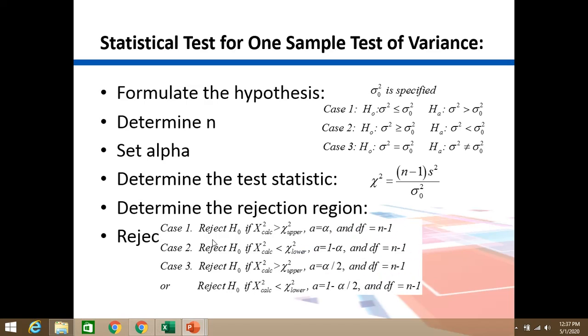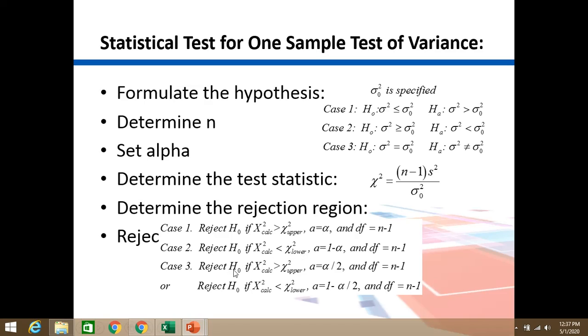We reject if, in a right tail test, the chi-square calculated is greater than the chi-square at this alpha and degrees of freedom, the upper one. And in case 2, we will reject the null hypothesis if our chi-square calculated is less than chi-square for the lower one, the left tail one.